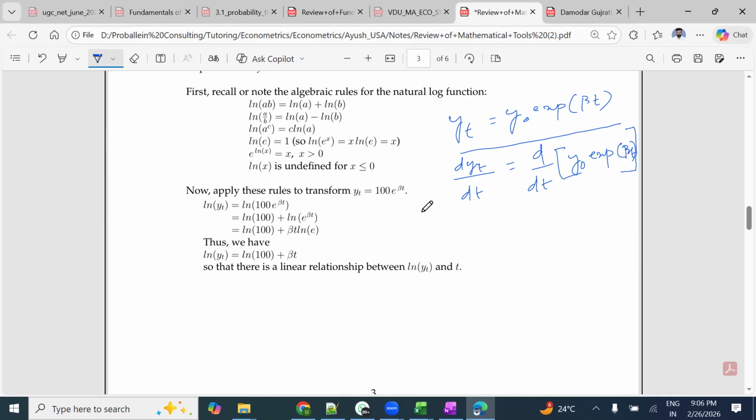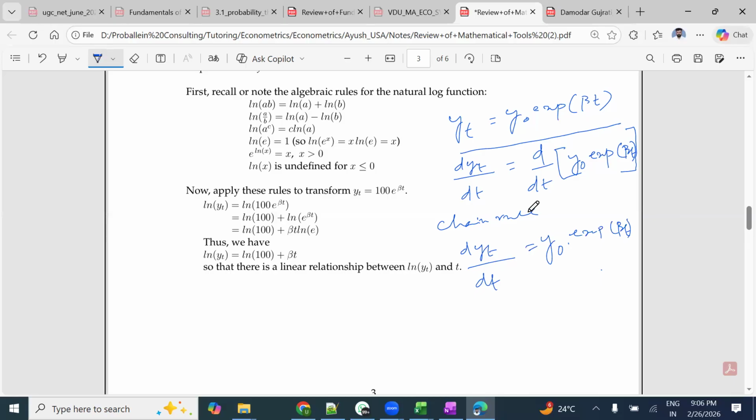Okay, sir. Since y0 is a constant, if you apply the chain rule over here, it will be dyt upon dt, that is y0 into exponent of beta t into the derivative of beta t, right, Bhakti ma'am?